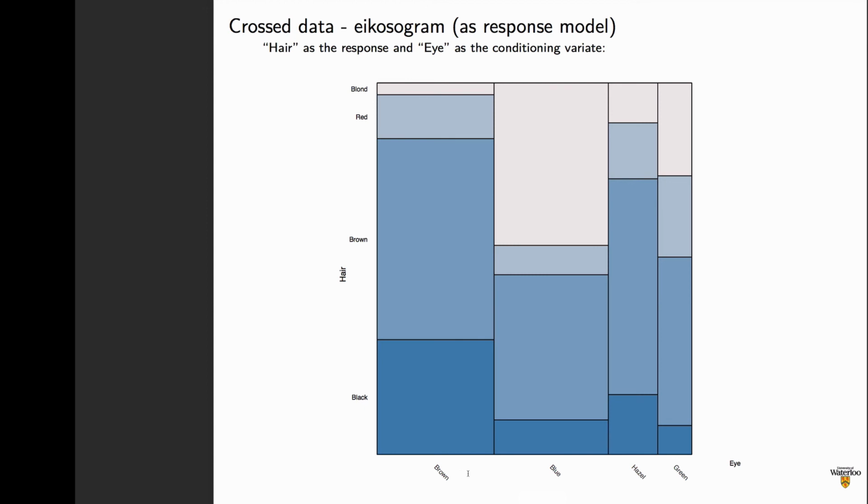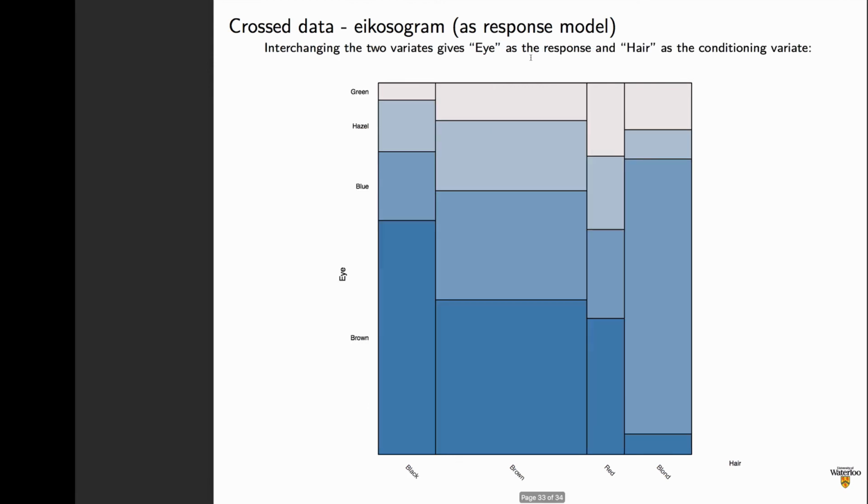It captures that by having the marginal of the explanatory or conditioning variate I along the horizontal axis, and then the conditional probabilities of the response along the vertical axis. If we swap those around and made I the response and hair the conditioning variate, you'd have the same probability distribution, but it would be expressed differently, because now we have the marginal probabilities of the hair color on the horizontal axis, and the conditional probabilities of the eye color given the hair color.